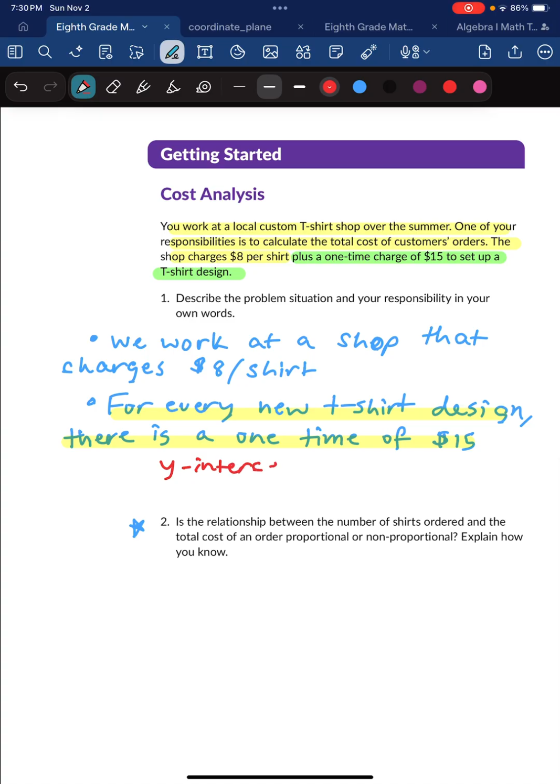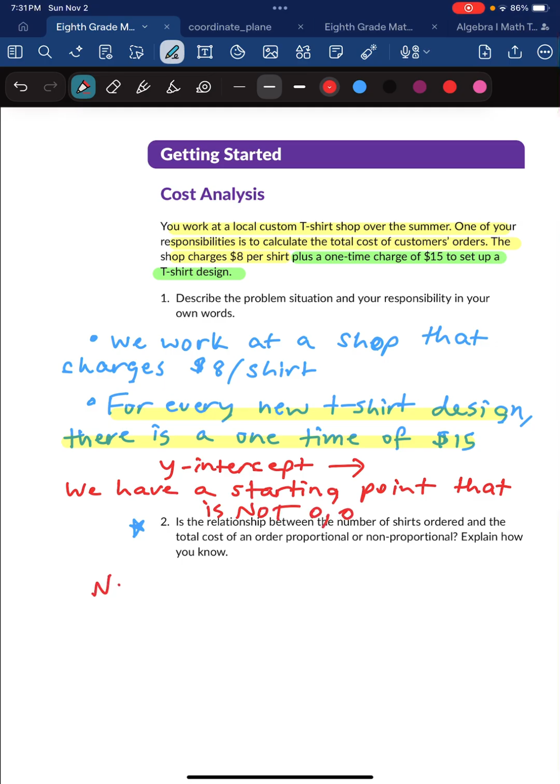We have a starting point that's not 0, 0. So since we have a starting point that is not 0, 0, we know we are going to have a non-proportional relationship.